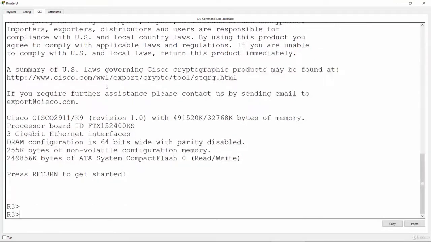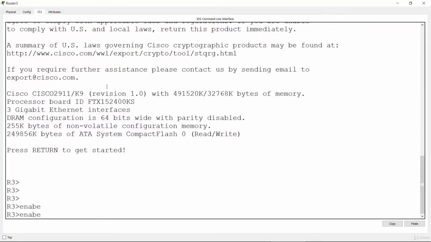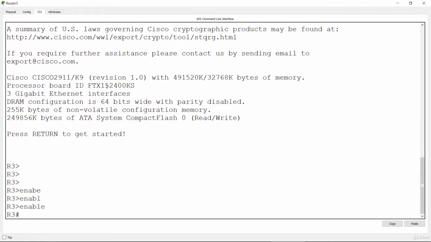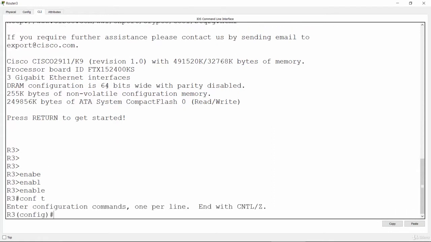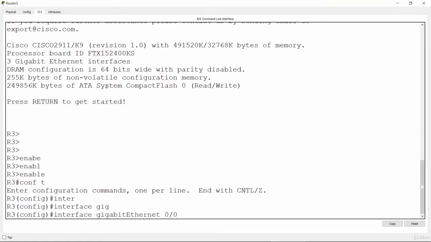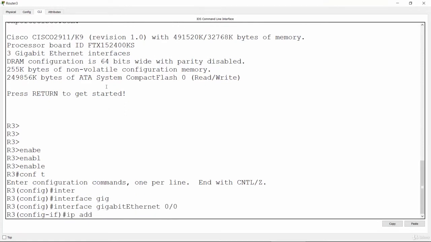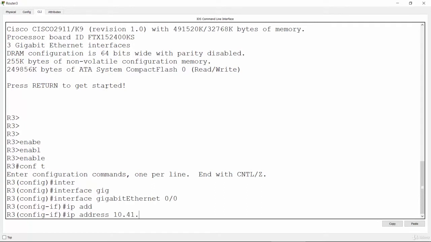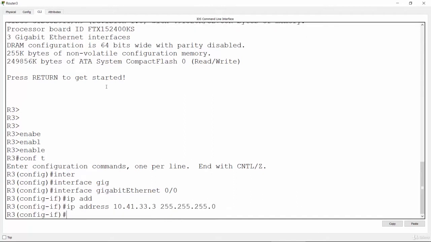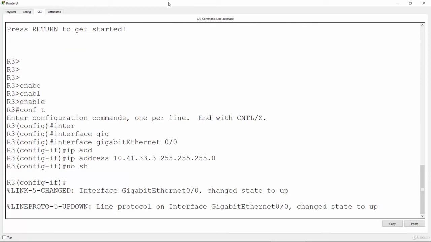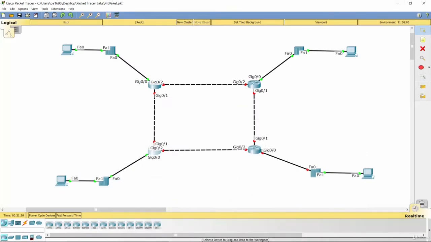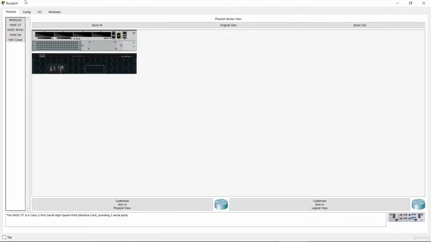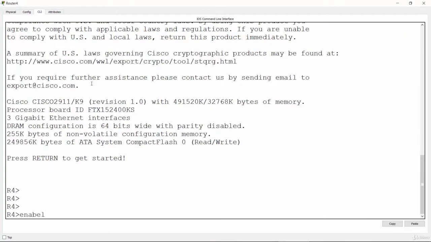CLI, enable, conf, interface gig0/0, IP address 10.41.32.3 and 255.255.255.0 and no shut. I'm in router 4 lastly.